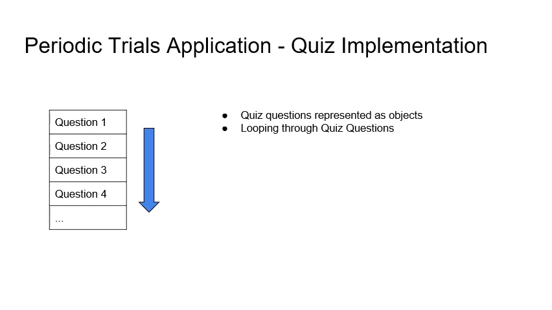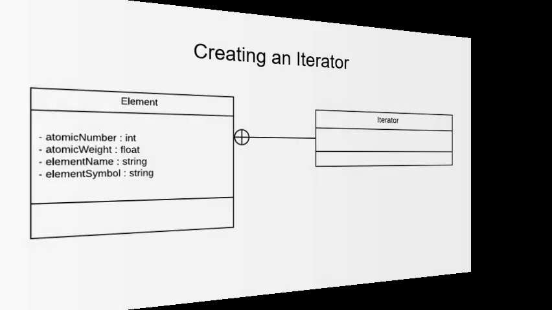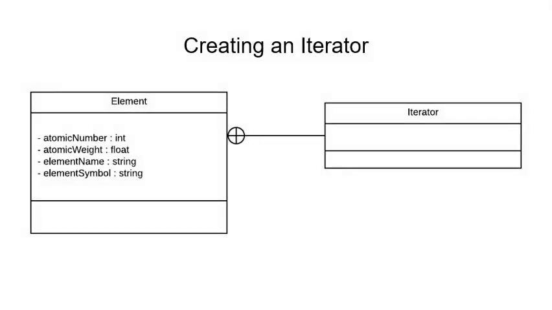Although there are many ways that the data could be structured, one possible implementation of the quiz would be to store quiz questions in a container. We would then need a way to loop through each question in succession.